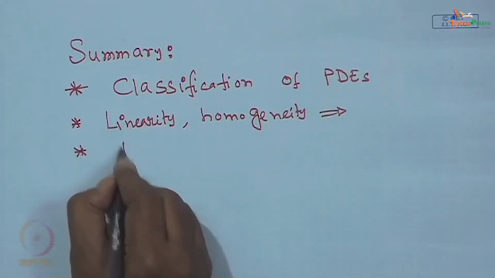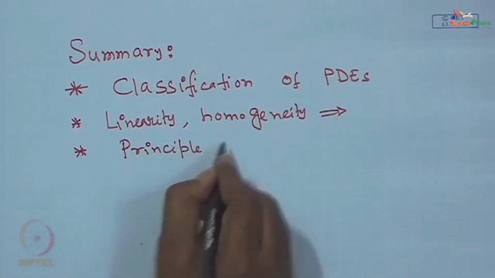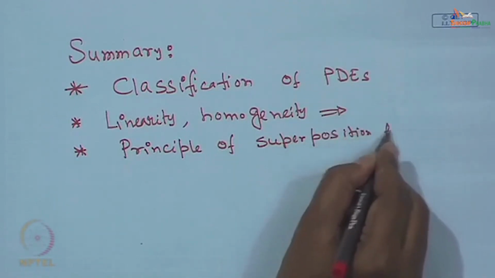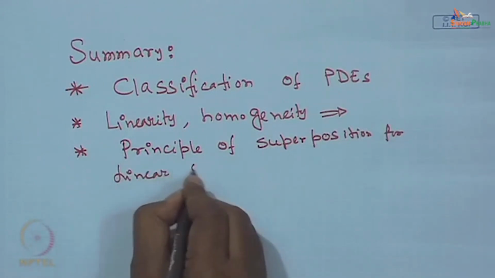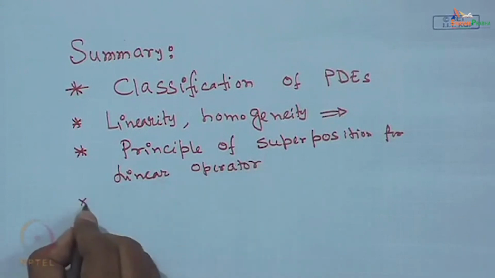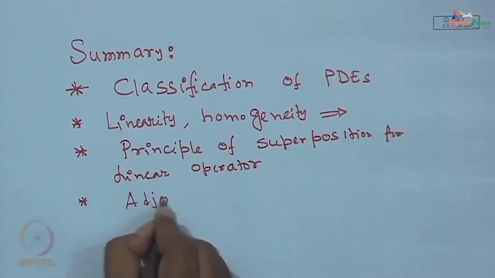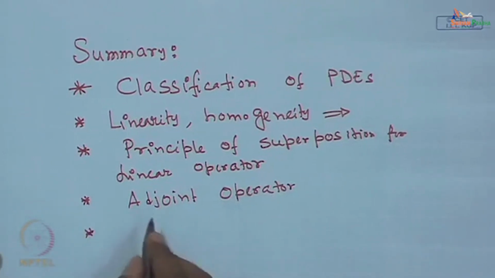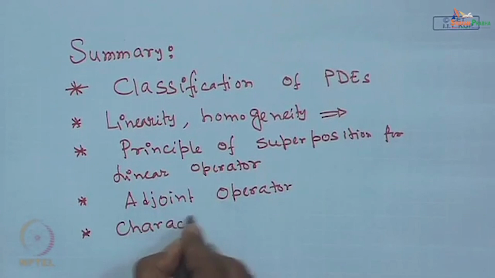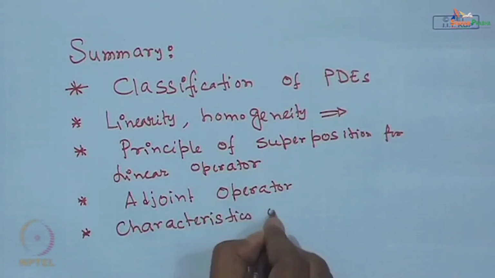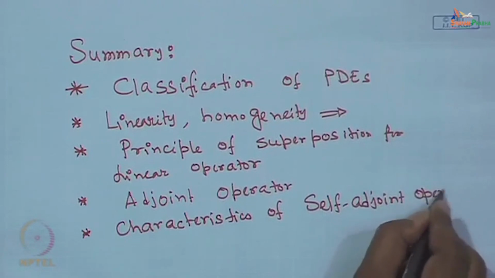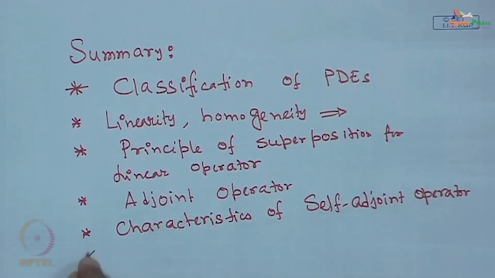Then we defined the principle of superposition for linear operators, we defined the adjoint operator, we defined the characteristics of a self adjoint problem, and then we looked into the properties of the self adjoint operator.